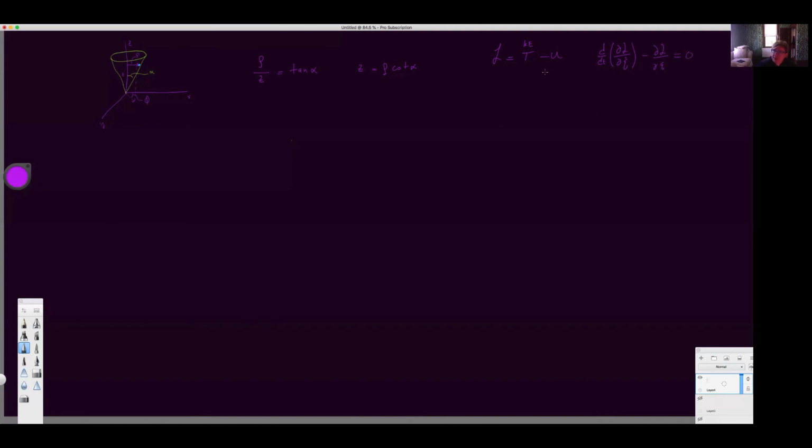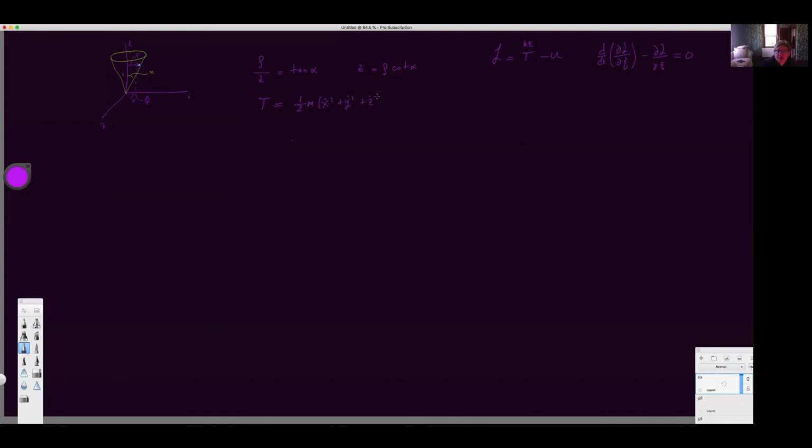And often the hardest thing to write down is the KE, because you've got to futz with your coordinate system and think about what to do. Well, all right, fine. It's not too hard because I can write down what T is. In general, I know for sure that it's 1/2 m times x dot squared plus y dot squared plus z dot squared.